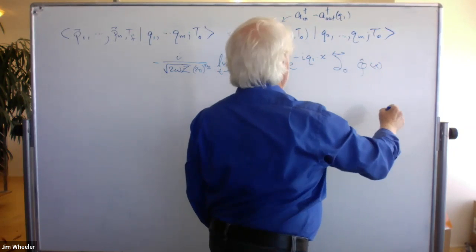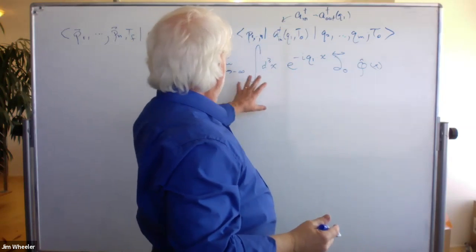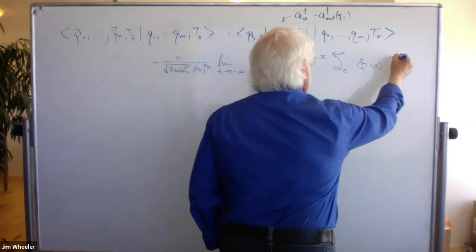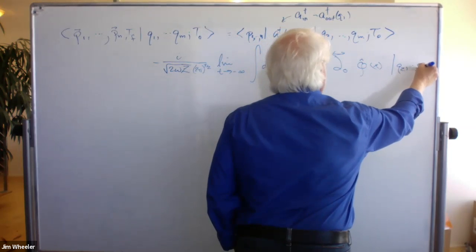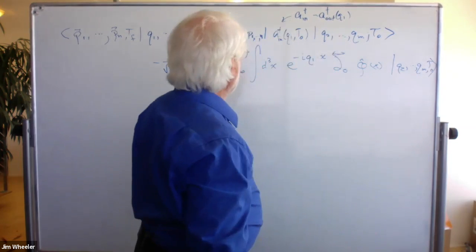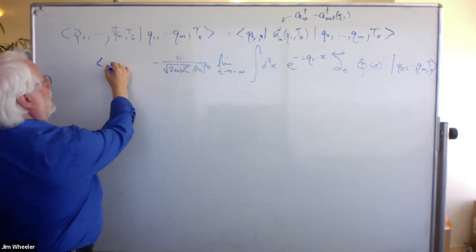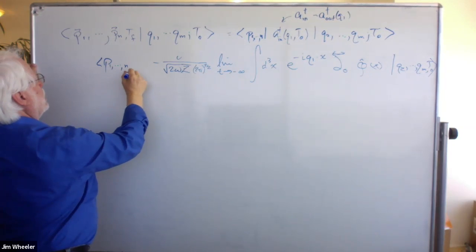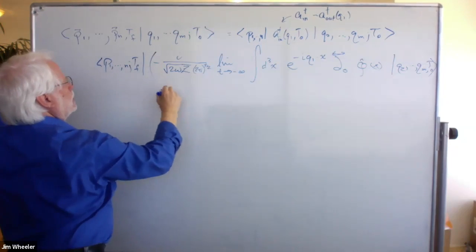And phi is actually an operator. So this is a, where we've written it with this double arrow, and now that's acting on q2 through qm at that initial time. And then, back on this side, I have p1 through pn at the final time, like this.